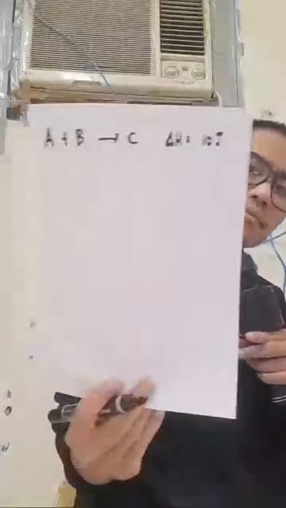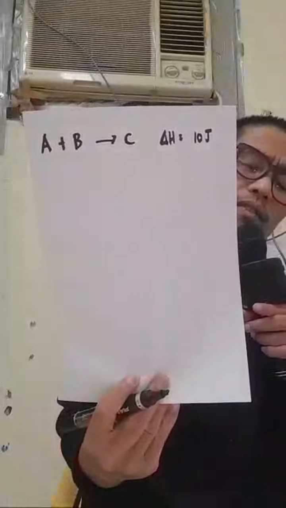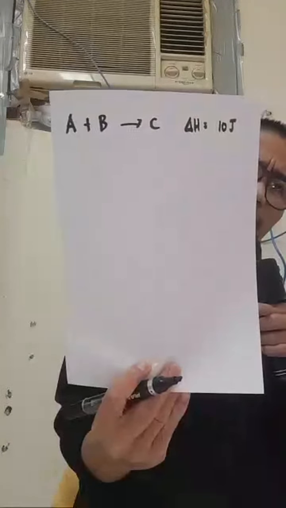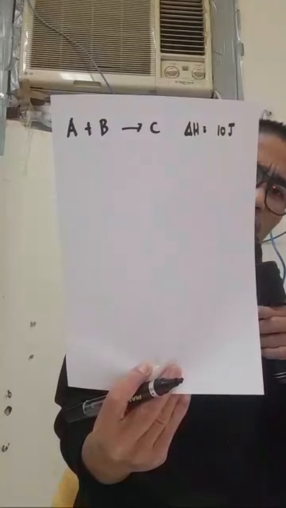Okay guys, if we have a reaction of A plus B, first reaction step, A plus B is equal to C, and the enthalpy change, for example, is let us say 10 joules. Since I'm not stating the temperature, this is automatically at 298 Kelvin and 1 atmosphere, standard pressure.